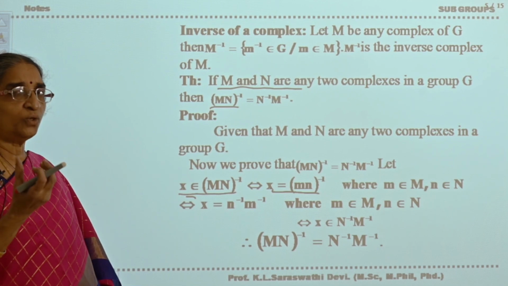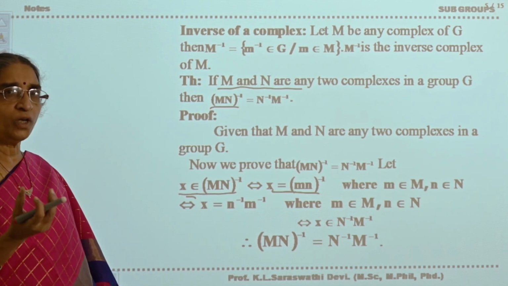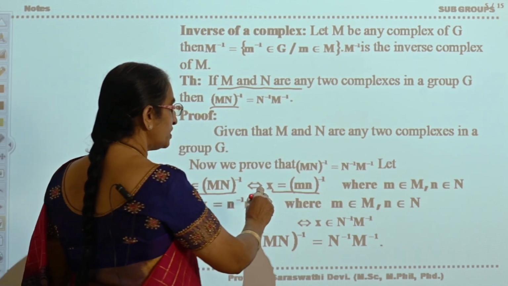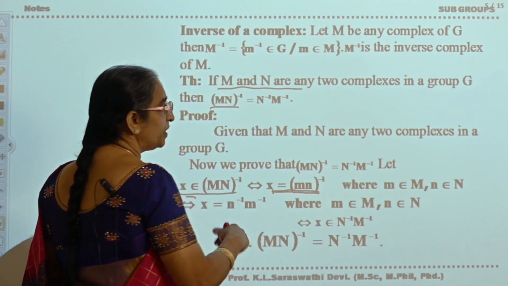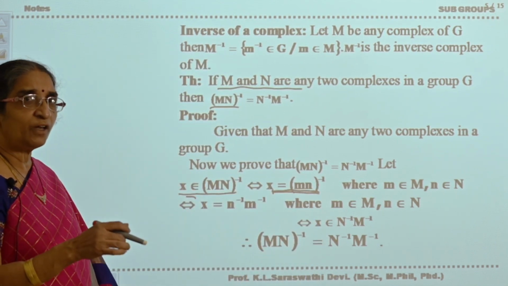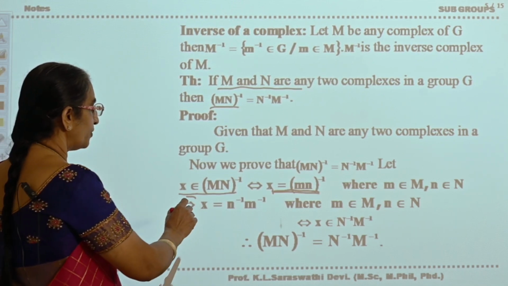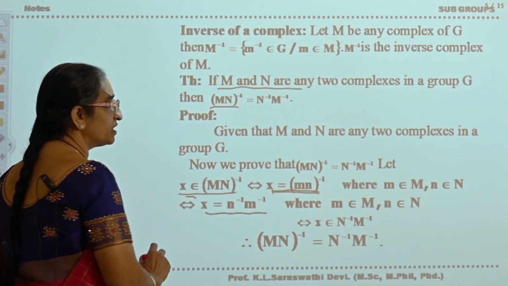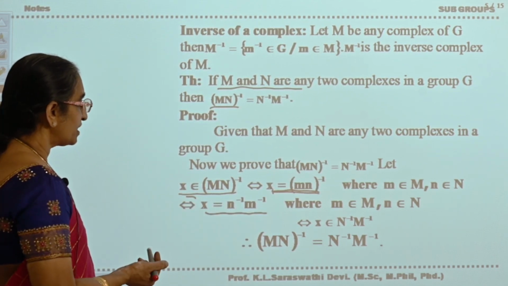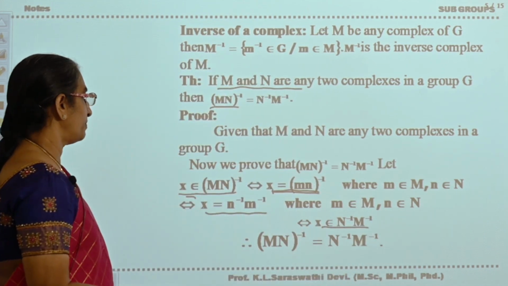In G, a and b are two elements. The property says that (ab) whole inverse is equal to b inverse into a inverse. So, x is equal to (mn) whole inverse, and because m and n belong to G, since M and N are complexes of G, therefore x is equal to n inverse into m inverse. That means you can say that x belongs to capital N inverse M inverse.